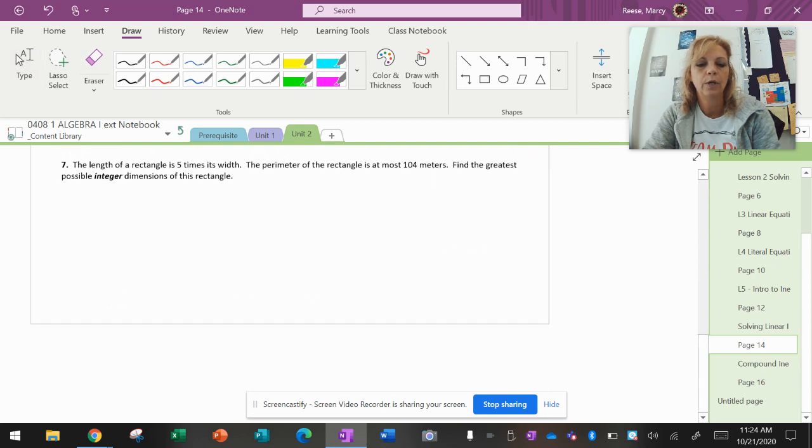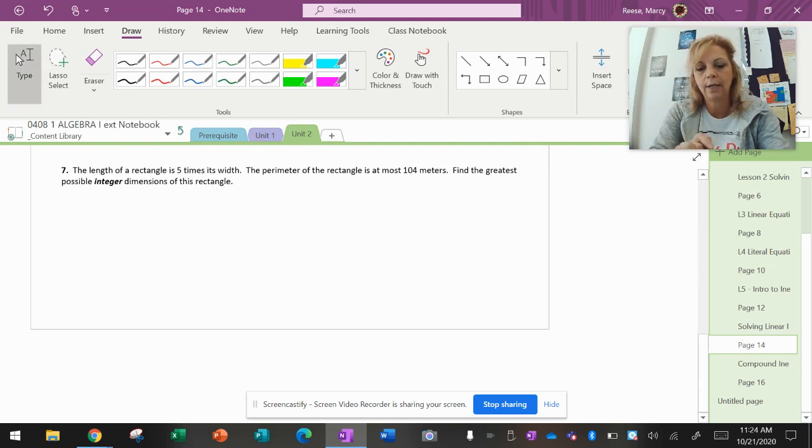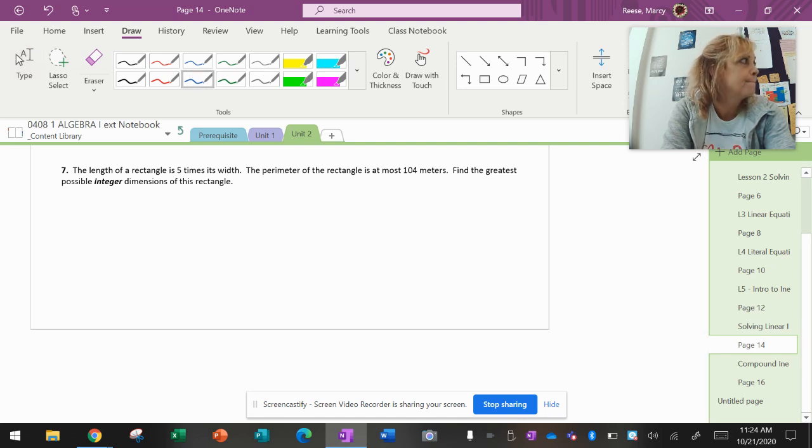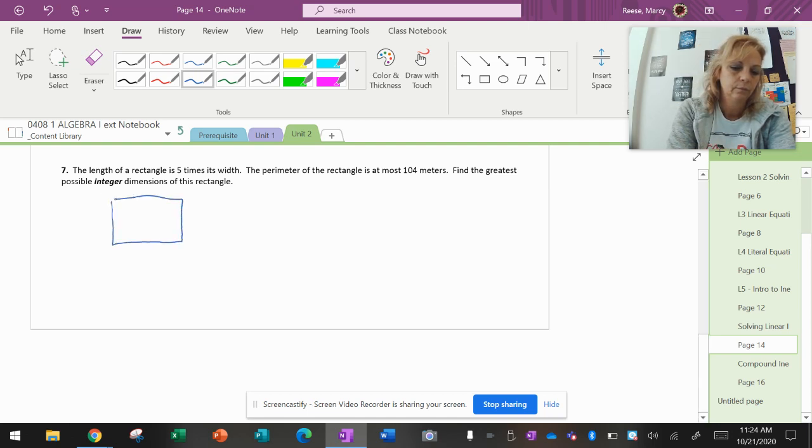All right, 7, read it, and I want you to draw a rectangle, and I want you to give me some variables for this. Okay, take a minute and read it. Now, I've said this to you guys many times.